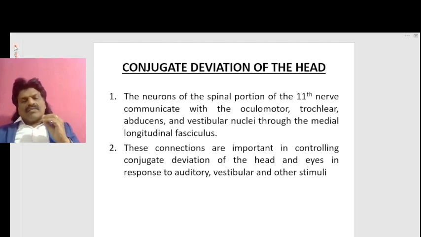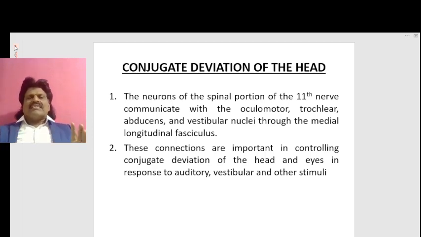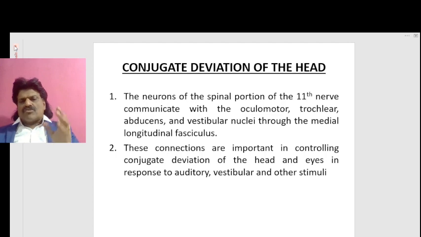So what is the mechanism? The 11th nerve, sternocleidomastoid muscle, is connected to the 3rd, 4th and 6th nerve, that is the extraocular muscles, and the 8th nerve, vestibular nerve, which helps in turning the head to the side of the stimulus, be it auditory, vestibular and other stimuli. So these connections are important in controlling the conjugate deviation of the head and eyes in response to auditory, vestibular and other stimuli.